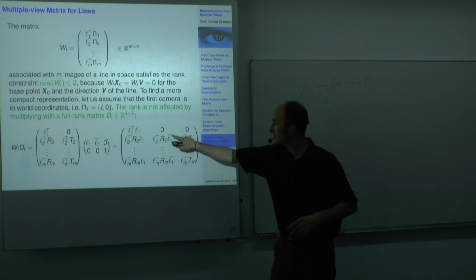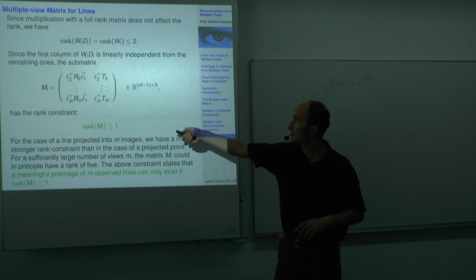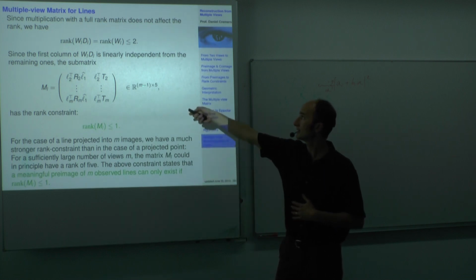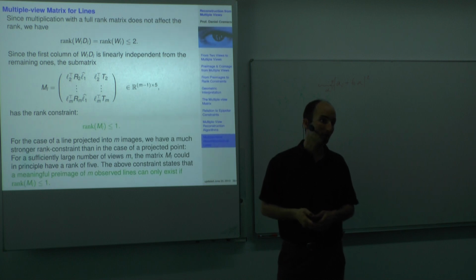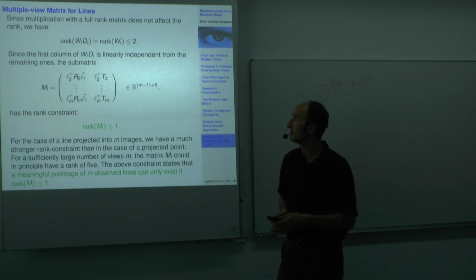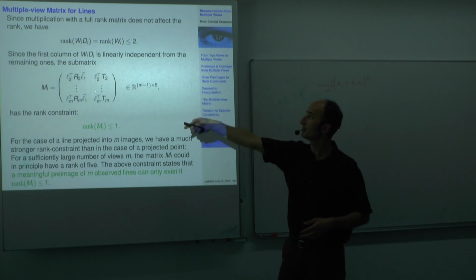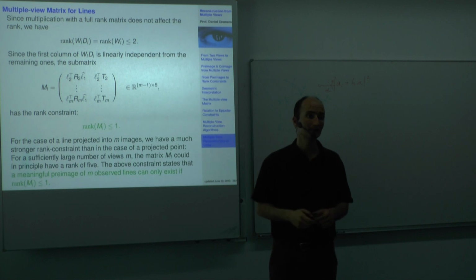And so this submatrix we call the multiview matrix for lines. Here it is. That is a submatrix, and in fact that submatrix is an (m-1)×5 matrix. And now we said that it has to be rank at most 1. Meaning the rank of this product is less than or equal to 2 if and only if that submatrix has rank less than or equal to 1.